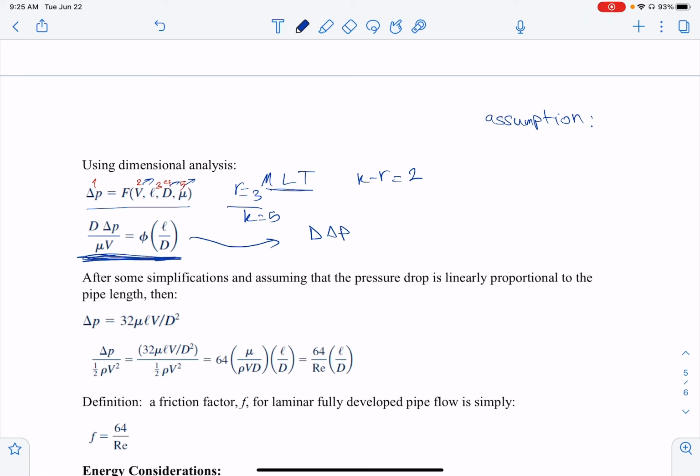The other assumptions that we made: it is laminar flow, it is horizontal flow, and we have a smooth surface in the pipe.